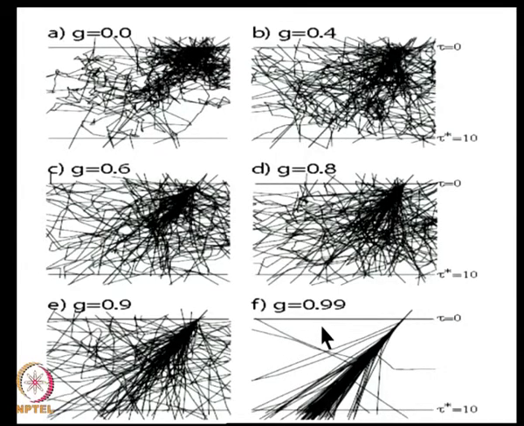Now, the same problem done by Monte Carlo for g equals 0 is very different, because the scattering has a symmetric characteristic, and the photon paths show a very random behavior.